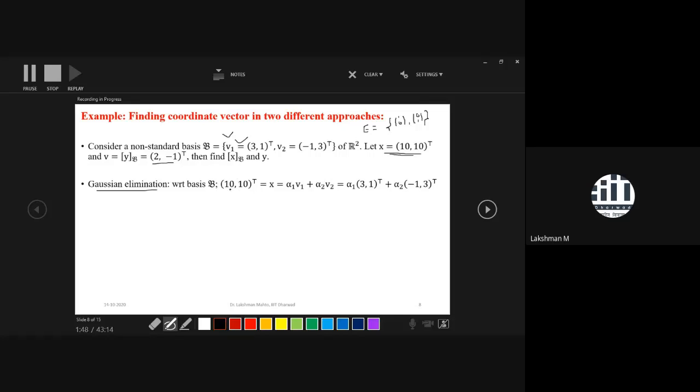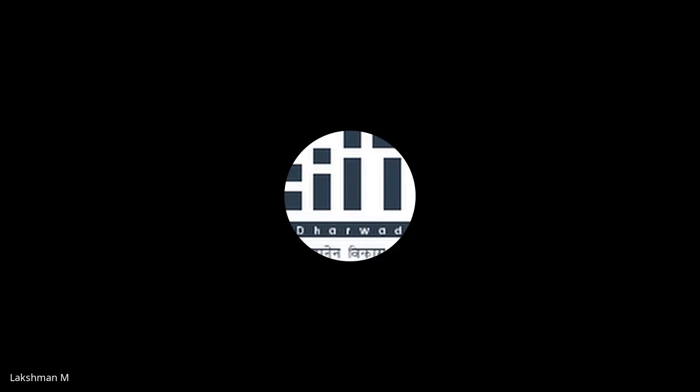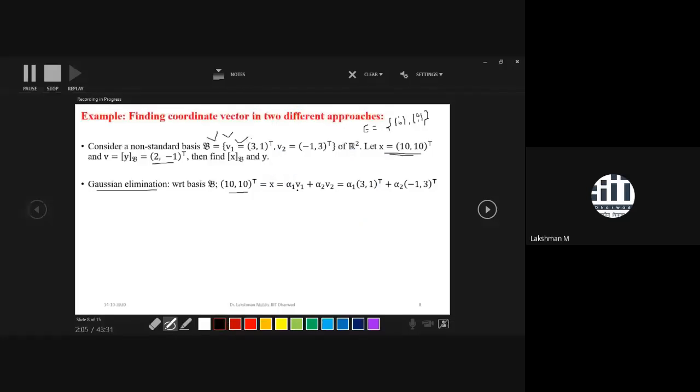The given vector is 10, 10. We first express it as a linear combination of the basis elements of this non-standard basis, with scalars alpha 1 and alpha 2. It is a two-dimensional vector, definitely in R2, so we are going to get alpha 1 and alpha 2 as non-zero values.